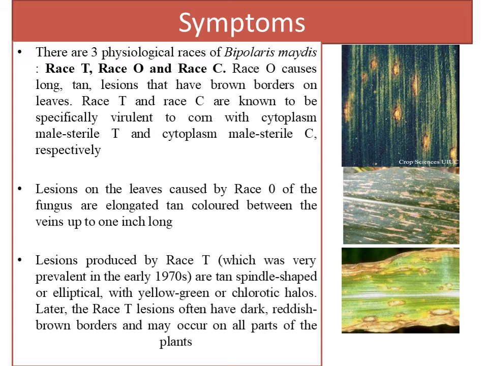Lesions on leaves caused by race O of the fungus are elongated, tan colored between veins, up to 1 inch long between the veins. Lesions produced by race T, which was very prevalent in the early 70s, are tan, spindle shaped, elliptical with a yellow-greenish chlorotic halo. Race T lesions often have a dark reddish brown border and may occur on all parts of the plant.